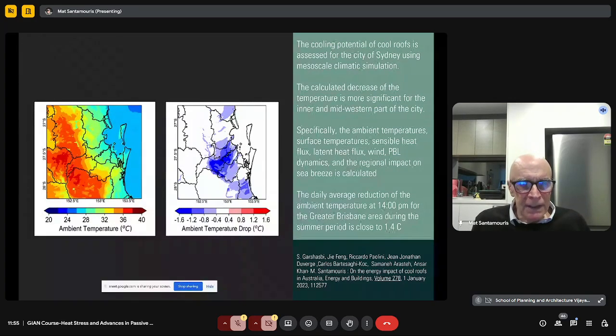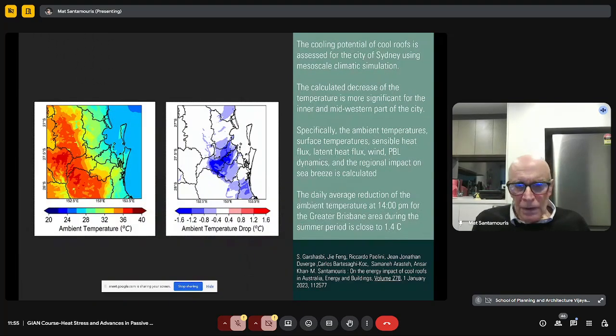This is another study that we have performed for the Ministry here in Australia, trying to understand the cooling potential and the characteristics of cool roofs all around Australia. So we have simulated the energy performance and also the climatic performance of cool roofs in 6 major Australian cities.